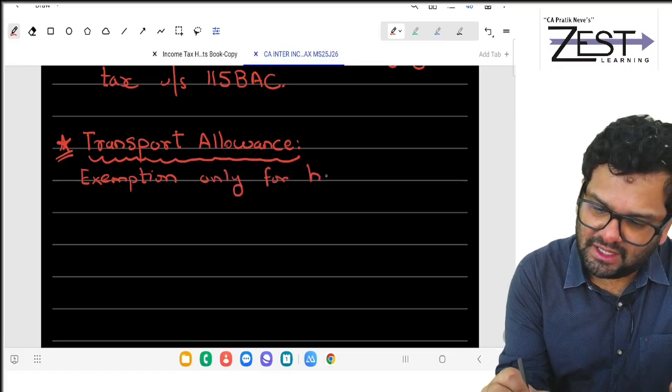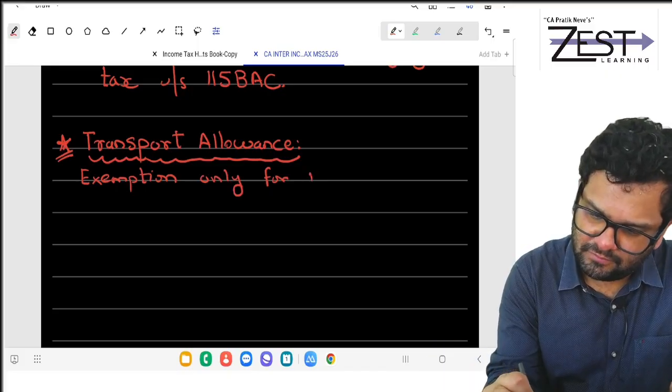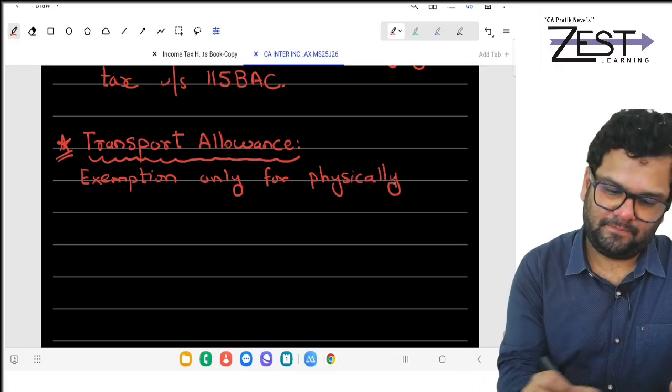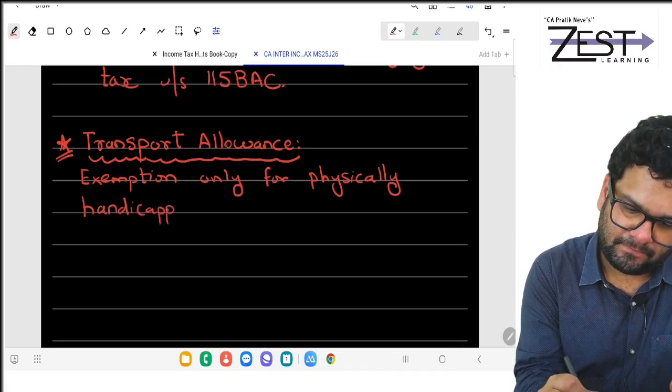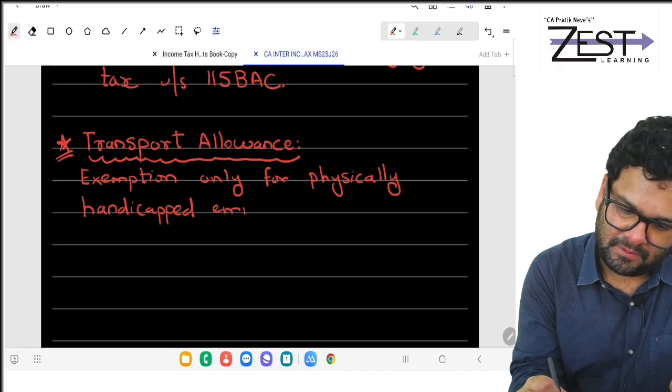Exemption only for physically handicapped employees. Understood now? Clear all of you?